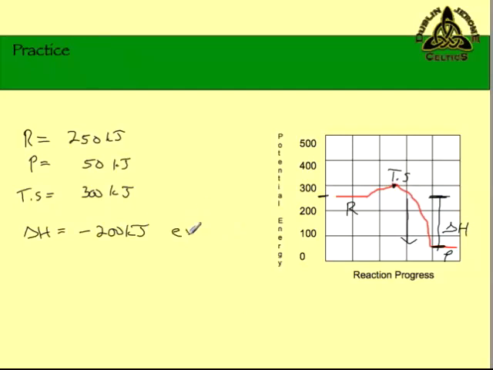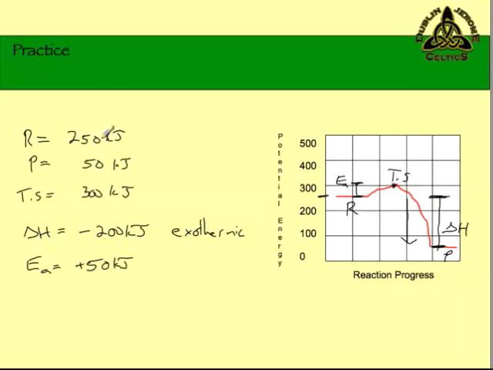We know that's exothermic. And I can also measure my activation energy from here, the reactants, to the transition state. That's the activation energy. So in order for this reaction to happen, to activate it, I need to put in 50 kilojoules of energy, because it won't happen unless I get up to the top of the hill.